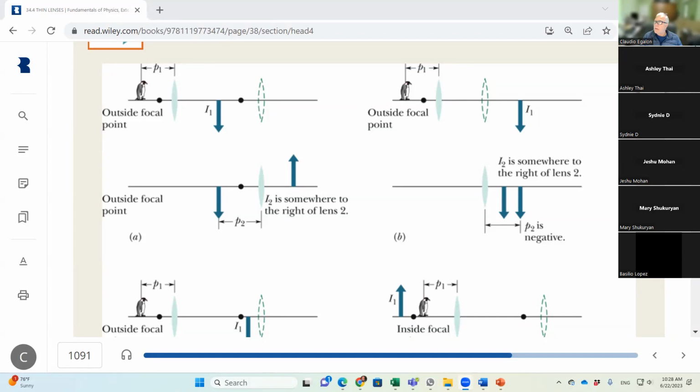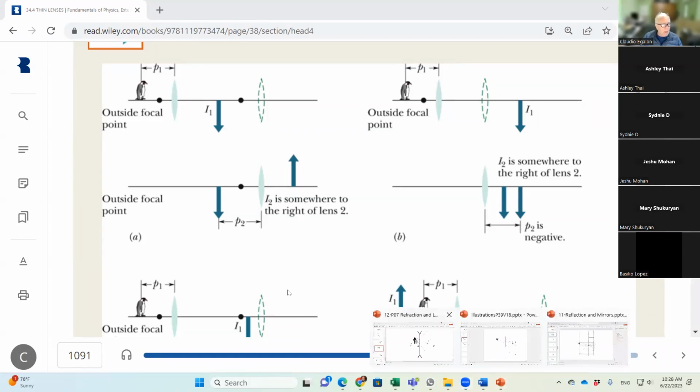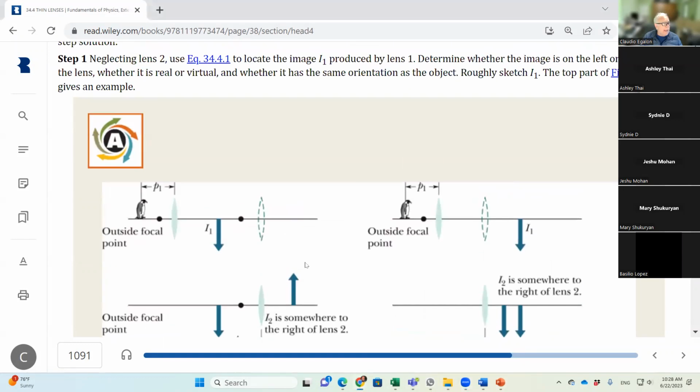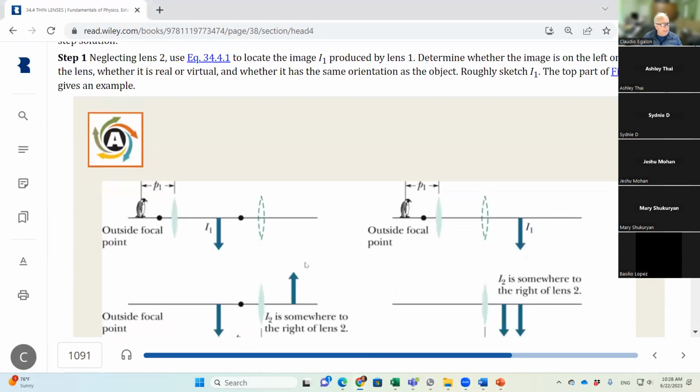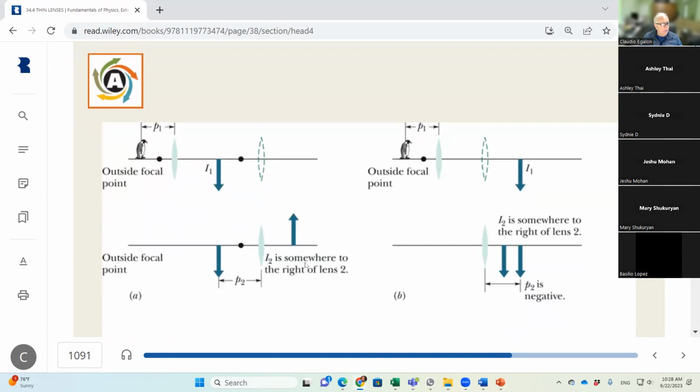I'm back here. So here in your book, we have the case of the inverted image goggle, right? What you see right here is exactly the case of the inverted image goggle. Let's take a look at how it goes.